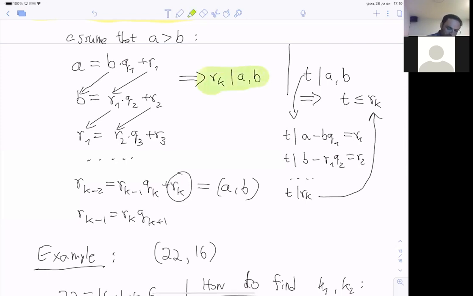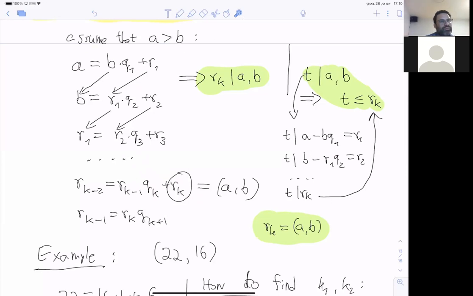Once you have this and this, Rk is the greatest common divisor of A and B. And as we have seen, we can reconstruct the coefficients of A and B that give you this Rk. Let us see another example.